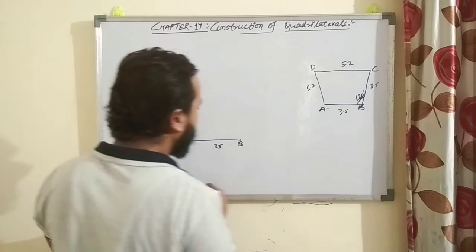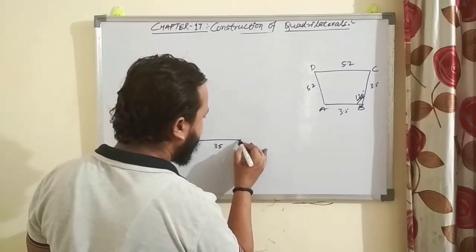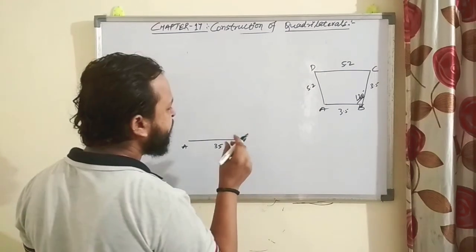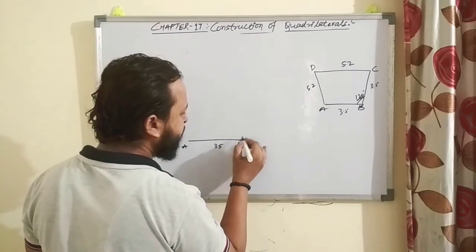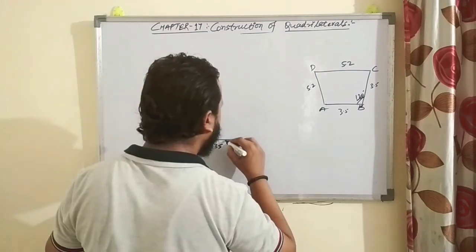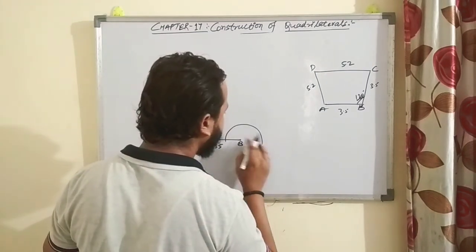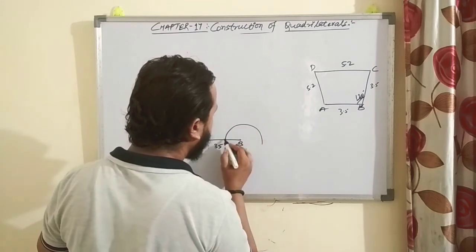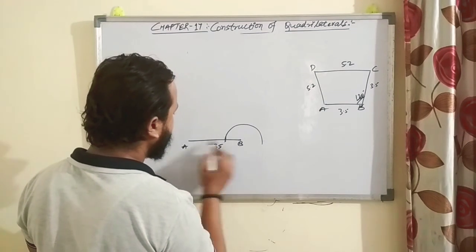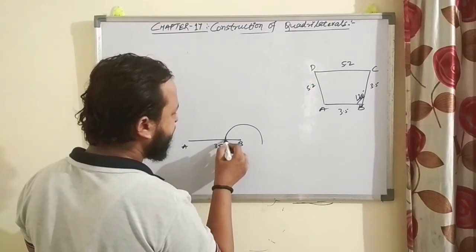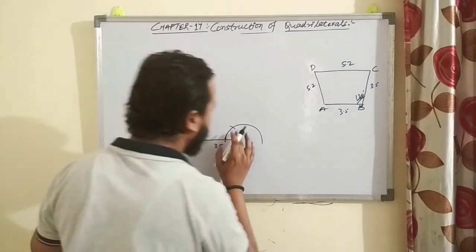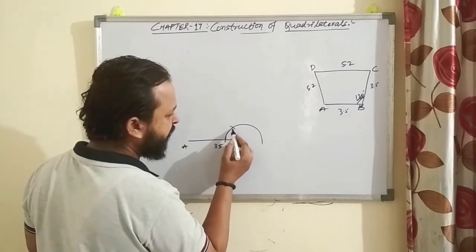So now here the angle is 120 degree. Take point B as a center, take any radius on the compass, and make the semicircle. From this intersection point at the AB side, take it as a center and draw one arc.